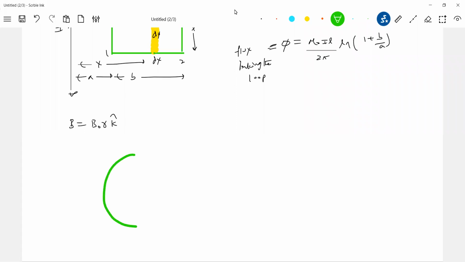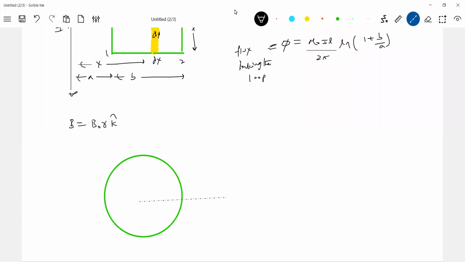a ring where a is the radius. What is r? r is the radial distance. Now, how much flux will link this particular ring?